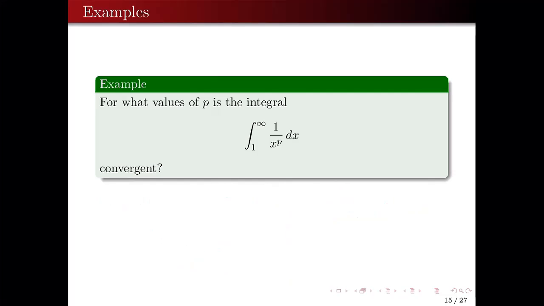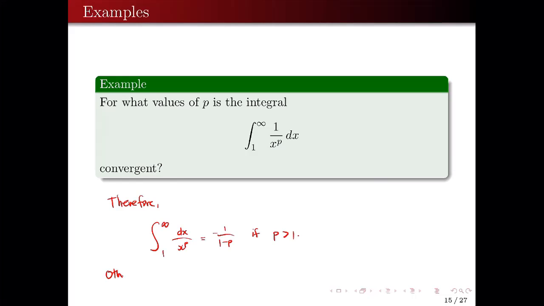So just to write the conclusion, therefore, the improper integral from 1 to plus infinity of dx over x to the p is negative 1 over 1 minus p if p is greater than 1.